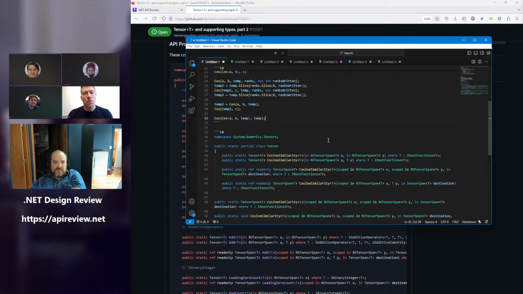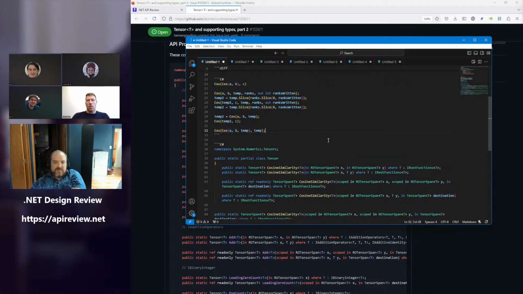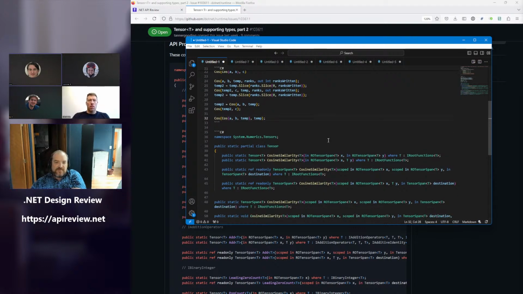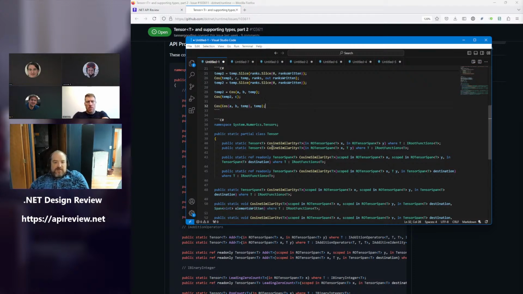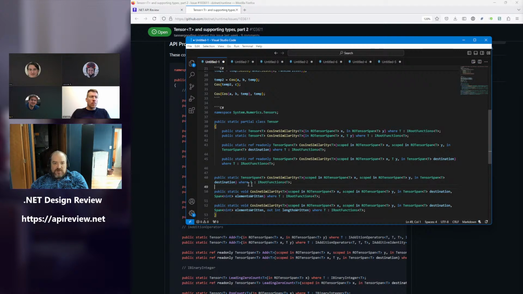I imagine that we're going to get very quick feedback that we need the other overloads anyways. Fair enough. All right, so I think that means we like this shape. We return tensor span, which will be a slice of destination. That's the way that we convey the result, with the ranks dropping.